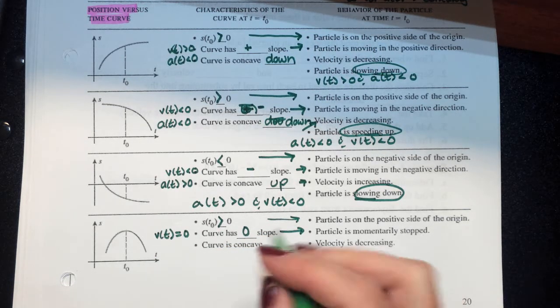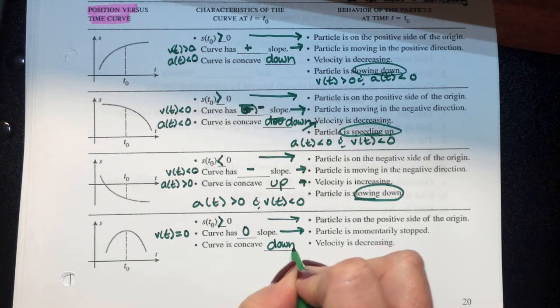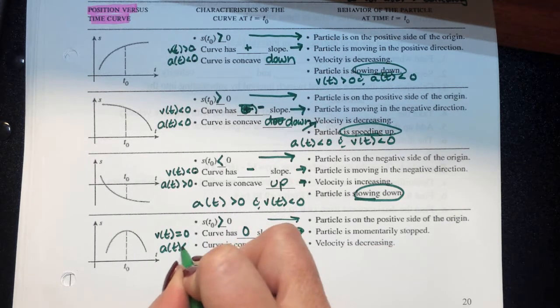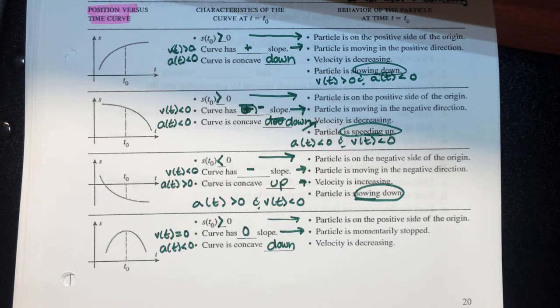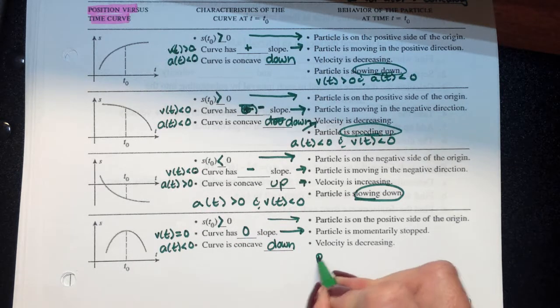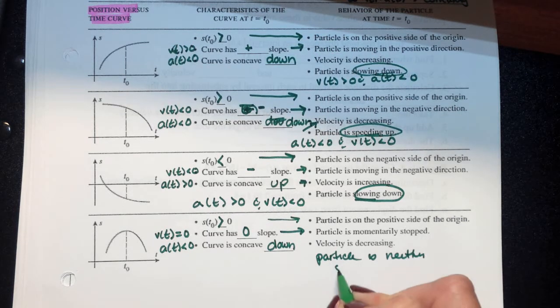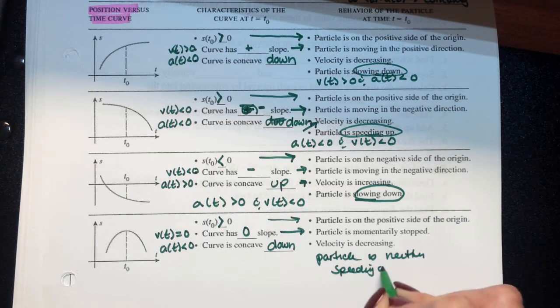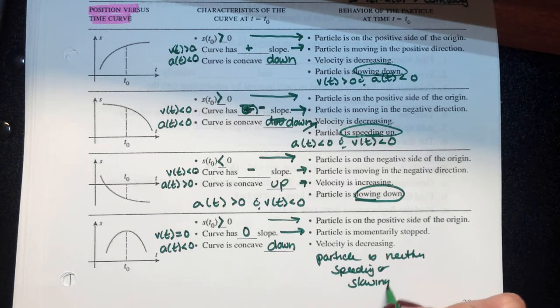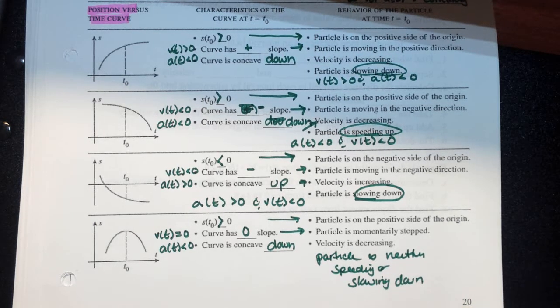Notice my curve is concave down, which means that a of t is less than 0. So what this means is the particle is neither speeding up or slowing down, because your velocity is equal to 0.